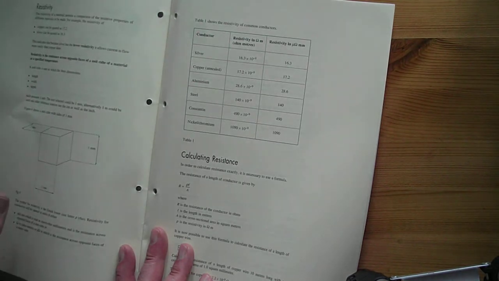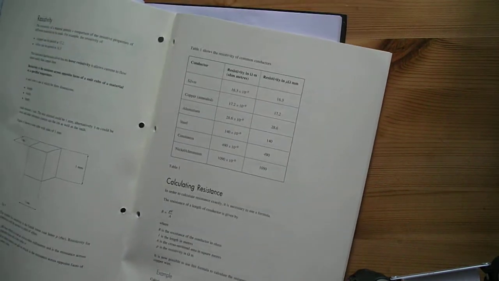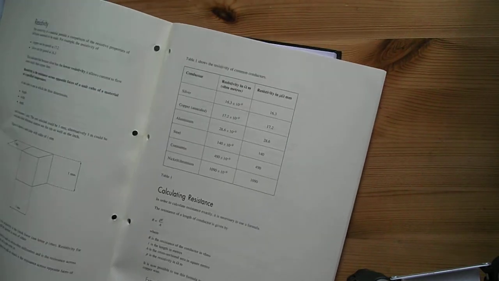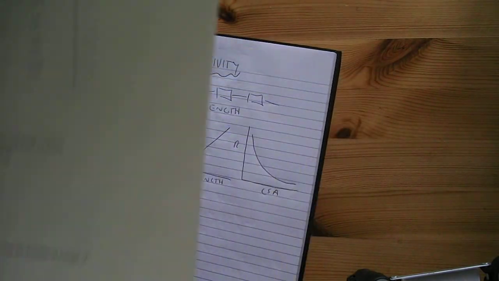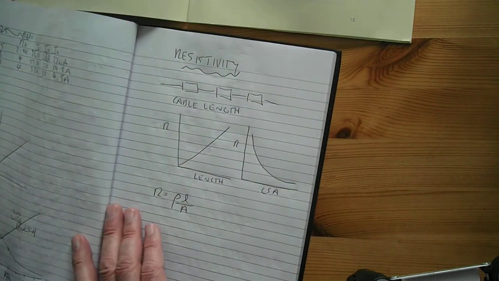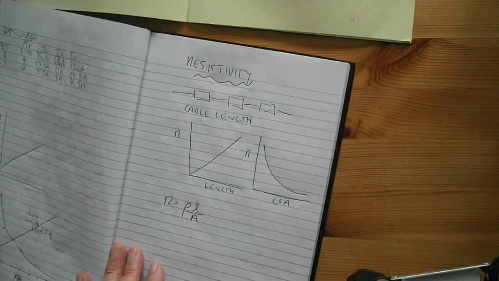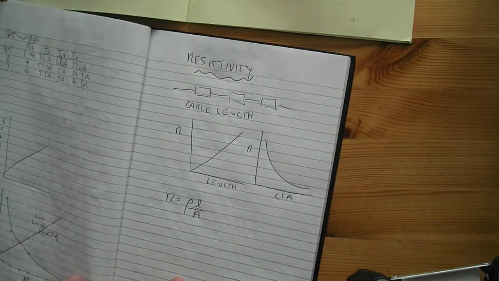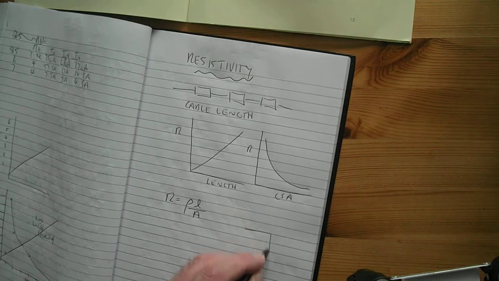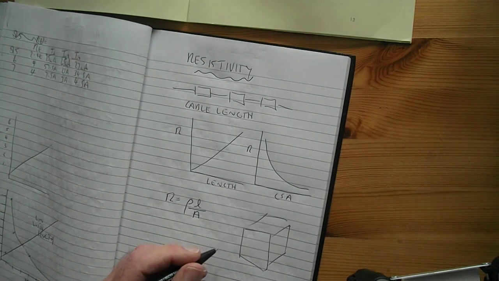So what resistivity, or what rho, actually means is the resistance of a cubic unit of material. The SI unit of volume is the cubic metre, and a cubic metre is actually too inconvenient for us because it's just too big.